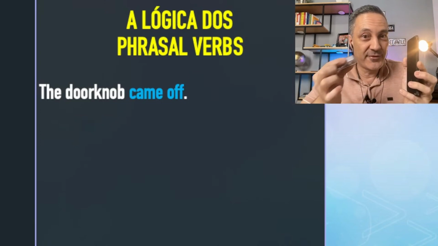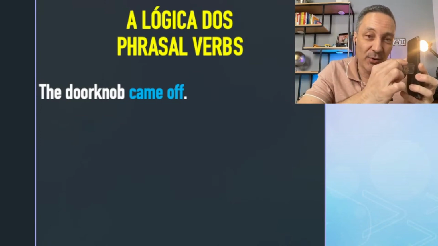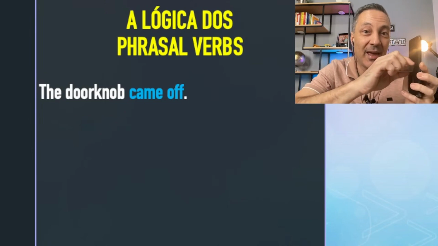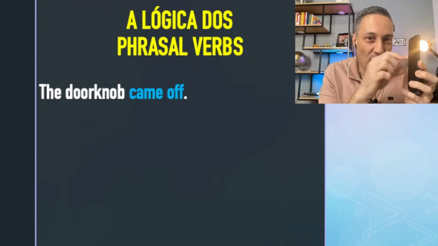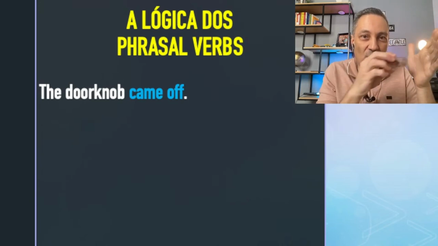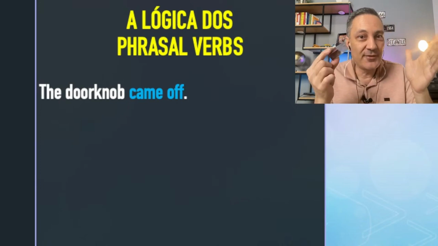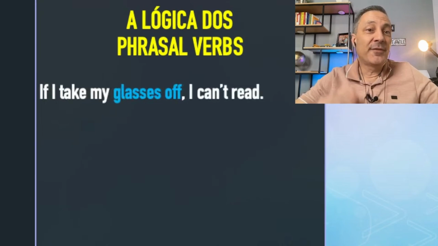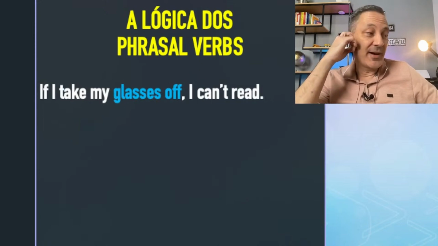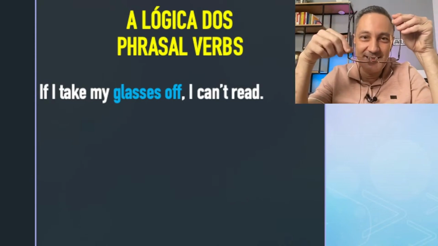When I tried to pull the doorknob to open the door, the doorknob came off. The doorknob was on the door, but when I pulled, it came off. Understand? On, off. Associate on with connection, off, disconnection. If I take my glasses off, I can't read. These are my glasses.